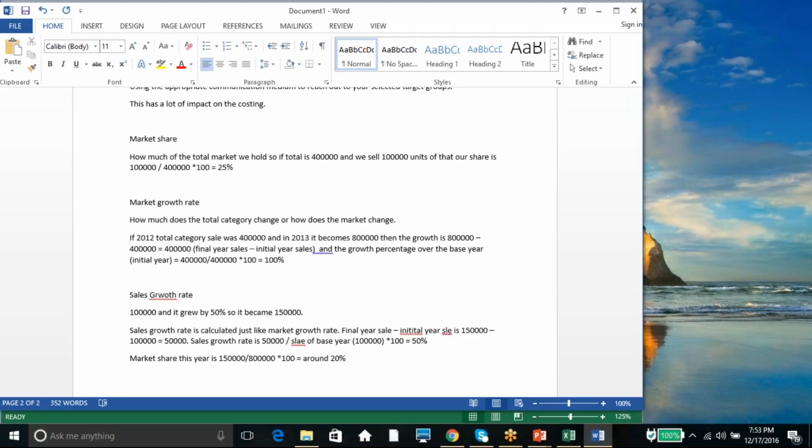So our market share has dropped by almost 5% despite a sales growth rate of 50%.